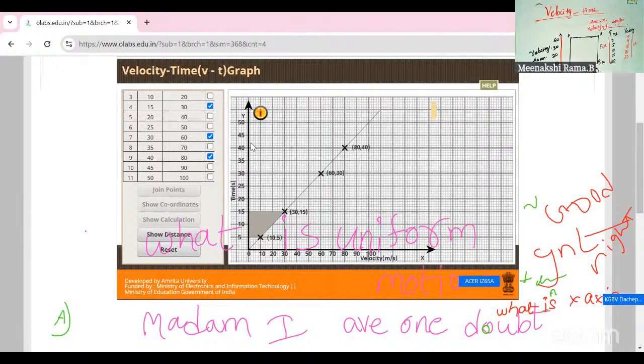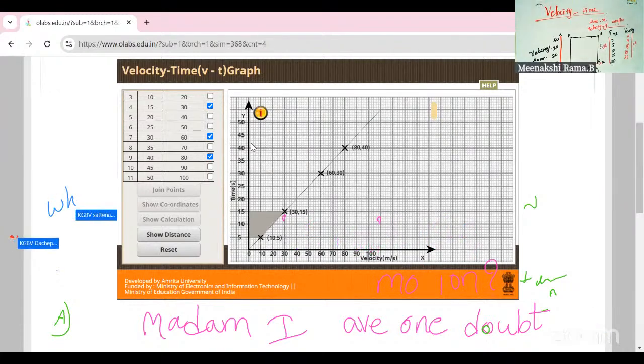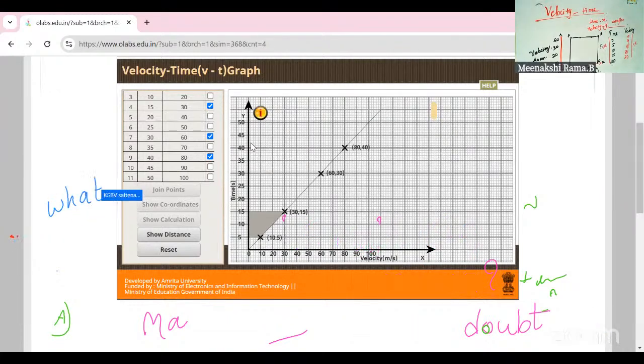I told you, uniform motion means one person covers the same distance in the same time interval. Same distance in same timing is called uniform motion.